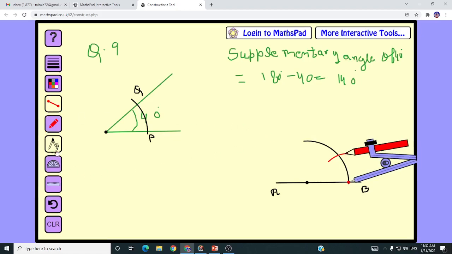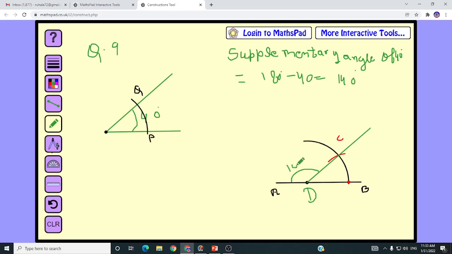You will get the point C. Join from this point to this point. This is the D point. So this is the supplementary angle of 40 degree.